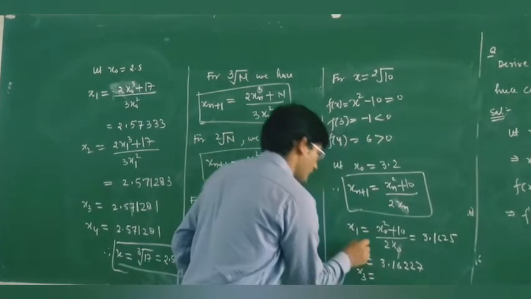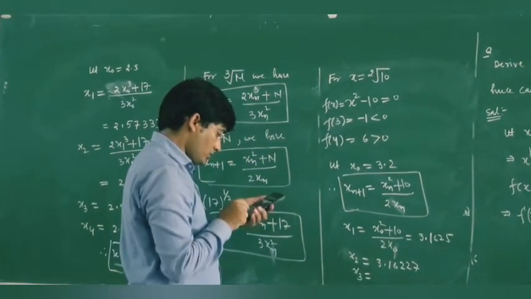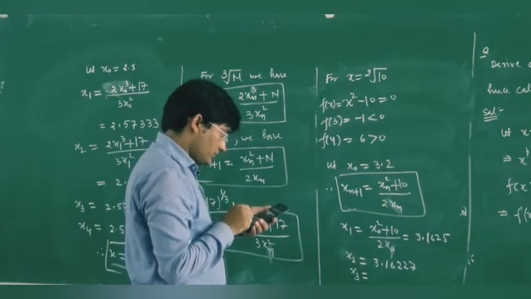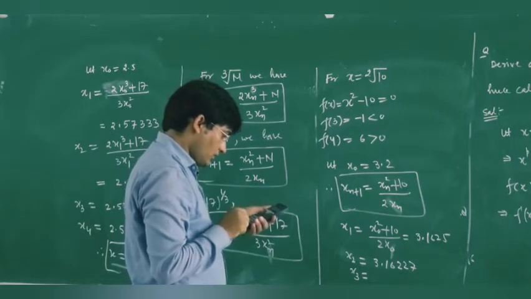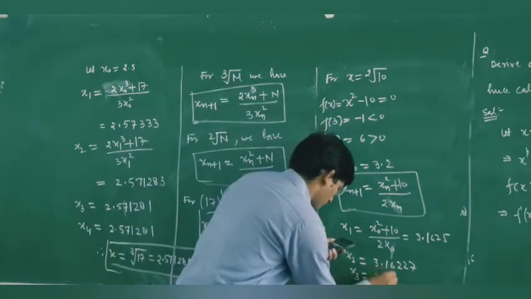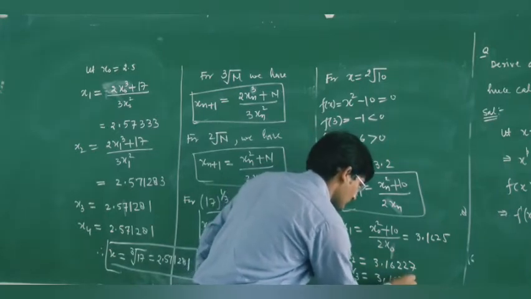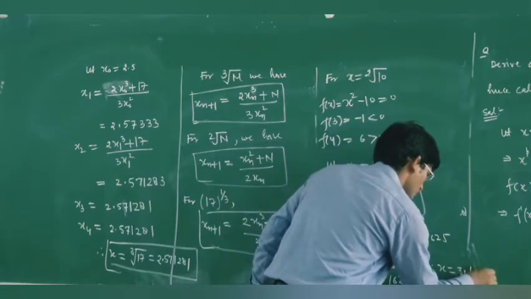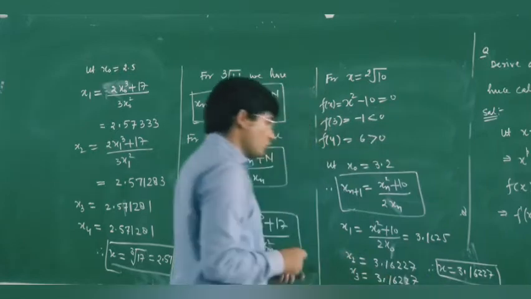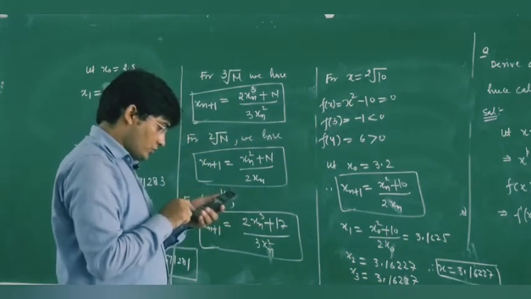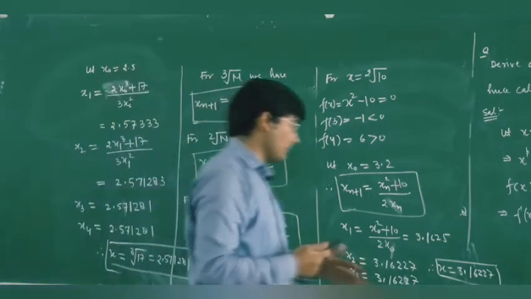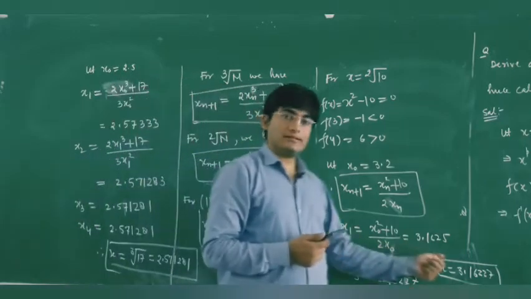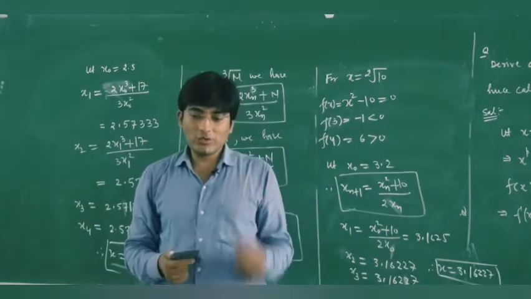Again put the value of x2 here, then your x3 is equal to 3.16227. So therefore we can say that our x is equal to 3.16227. So the square root of 10 is equal to 3.16227. And with the help of this Newton Raphson method, we can verify this answer. So this is the square root of 10.